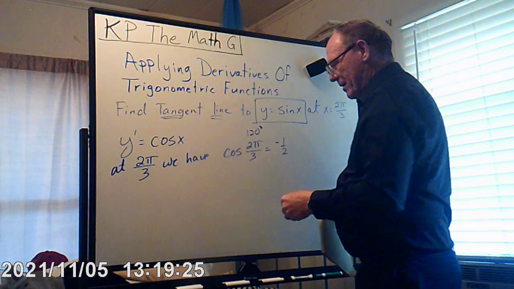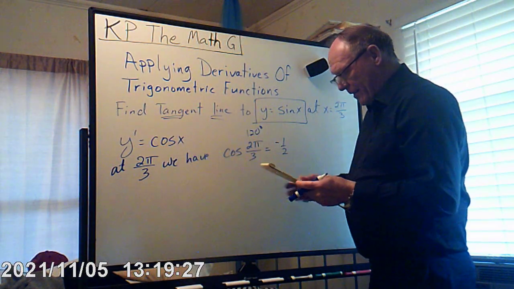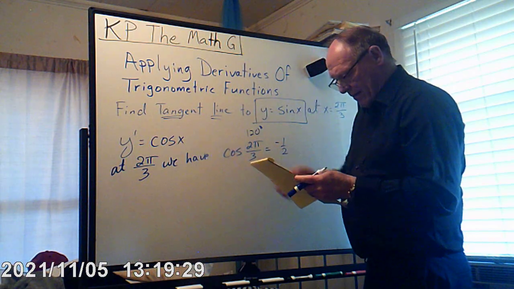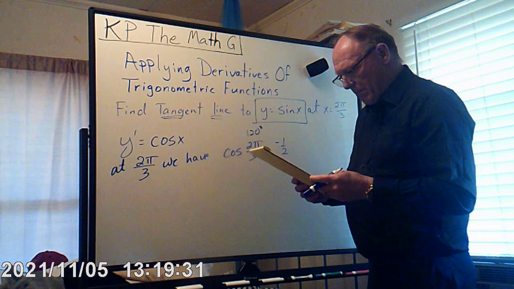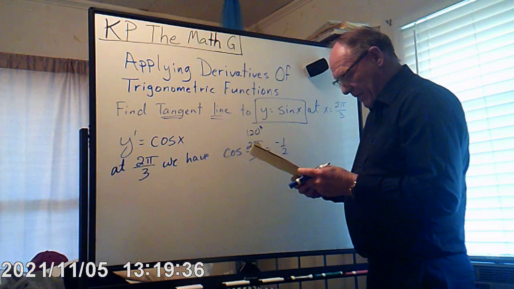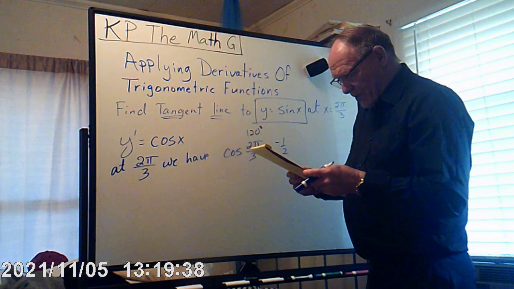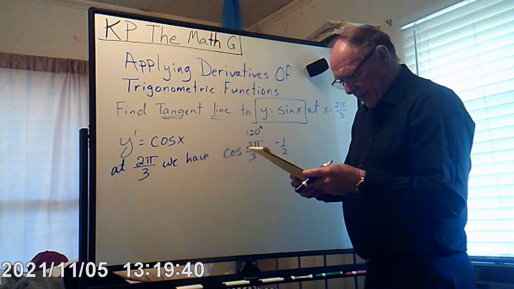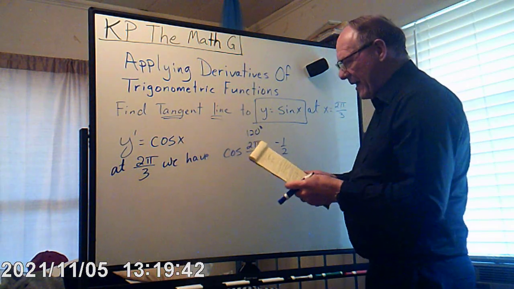Okay, so that's part of it, and then we want the tangent line. Trying to keep up with my notes here. There was a B part. We want the tangent line.